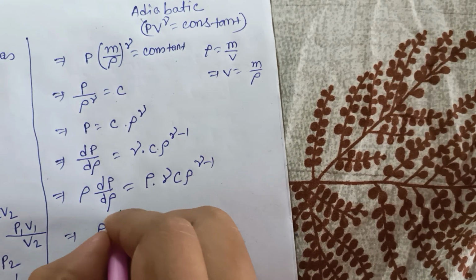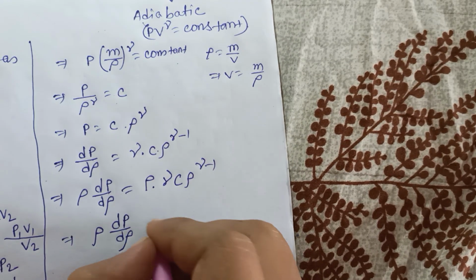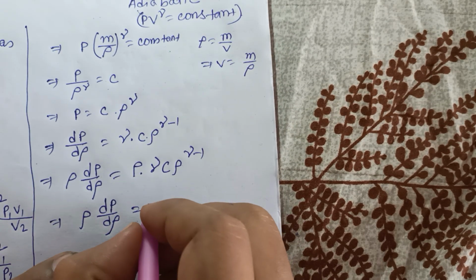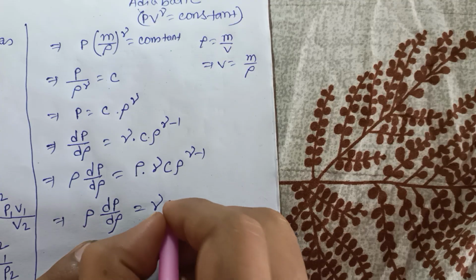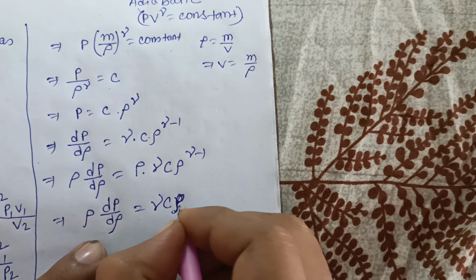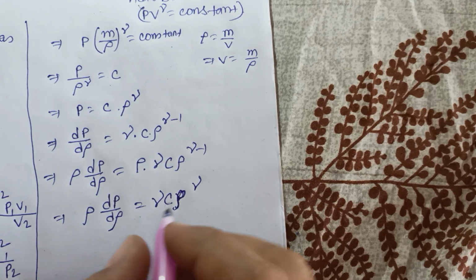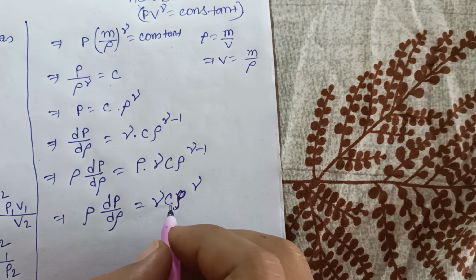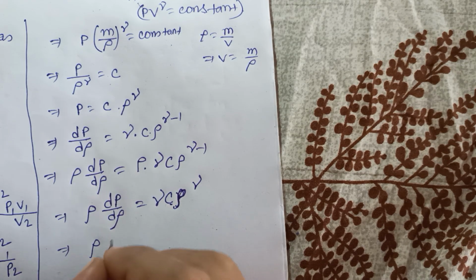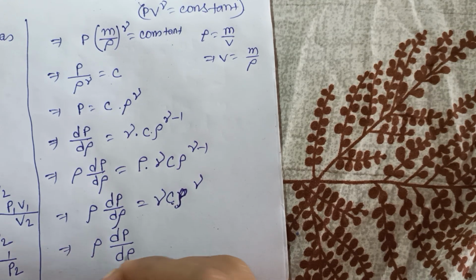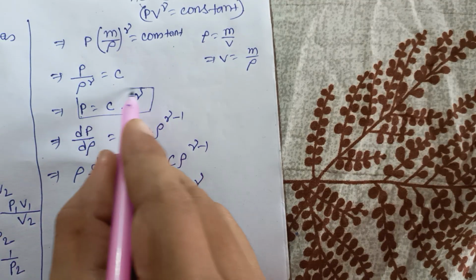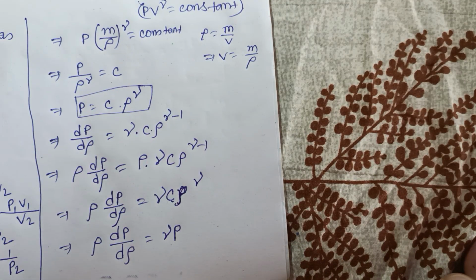So rho dP by d rho is equal to gamma C rho to the power gamma. Now C rho to the power gamma is equal to P, because we know that P equal to C into rho to the power gamma.